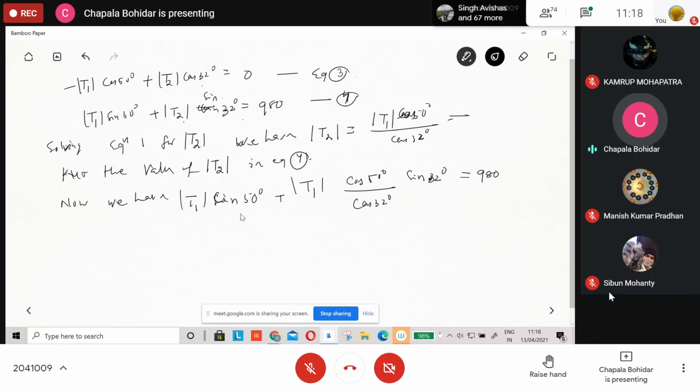So by simplifying, what you get is the value of T1.